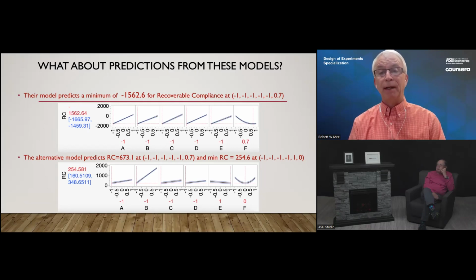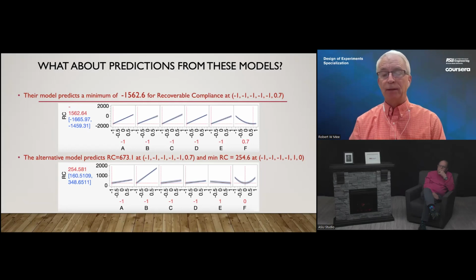And if I minimize the predicted response from the model that I've fit, the alternative model, I get a minimum of 254. So I am completely sure that the model that the authors fit is inappropriate. Maybe not for the model that I fit.